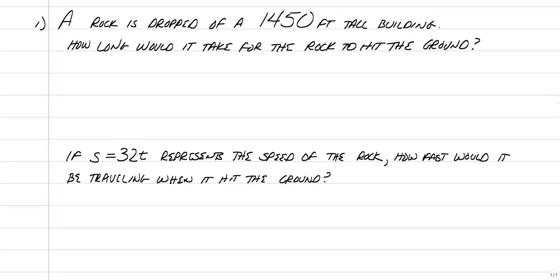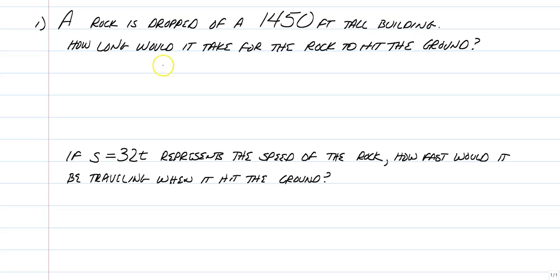So a rock is dropped off of a 1,450 foot tall building. How long would it take for the rock to hit the ground? So again, we have to remember what the different parts of our equation represent. It says that the initial height is 1450, but when we hit the ground, that's a final height of 0.